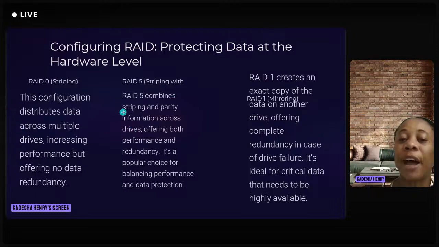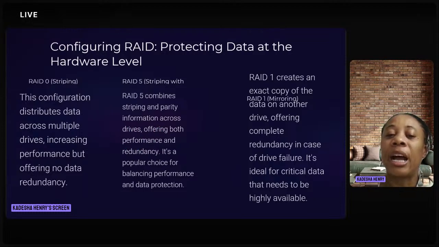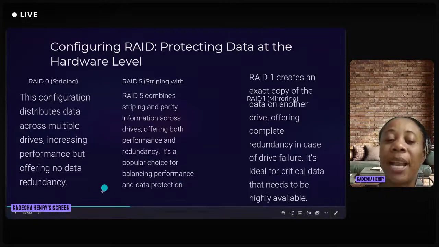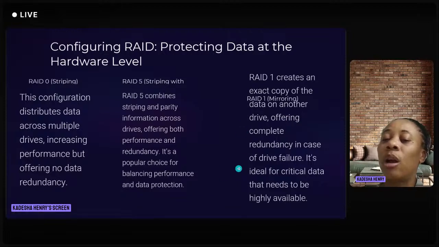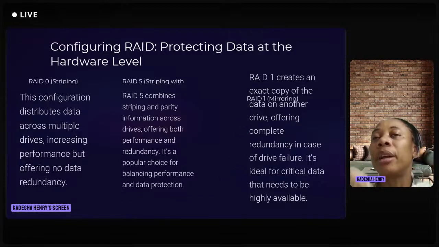In RAID 5, it combines the information and allows it to be spread across multiple drives, and it offers both performance and redundancy. It's a popular choice, we said, for balancing performance. And then when we look at RAID 1, RAID 1 mirrors the copies, right?